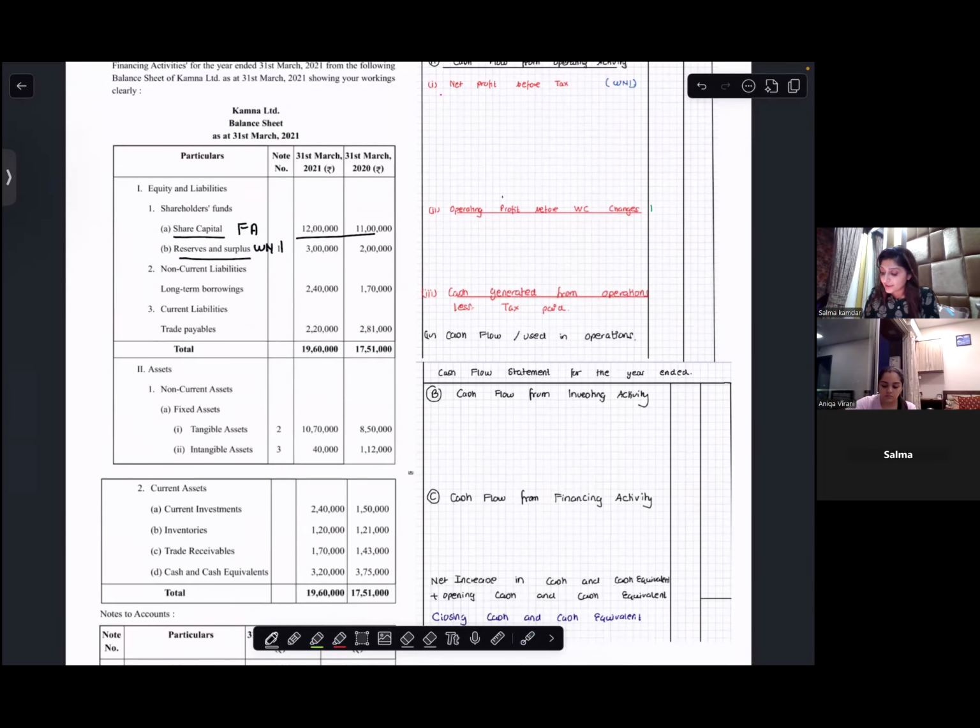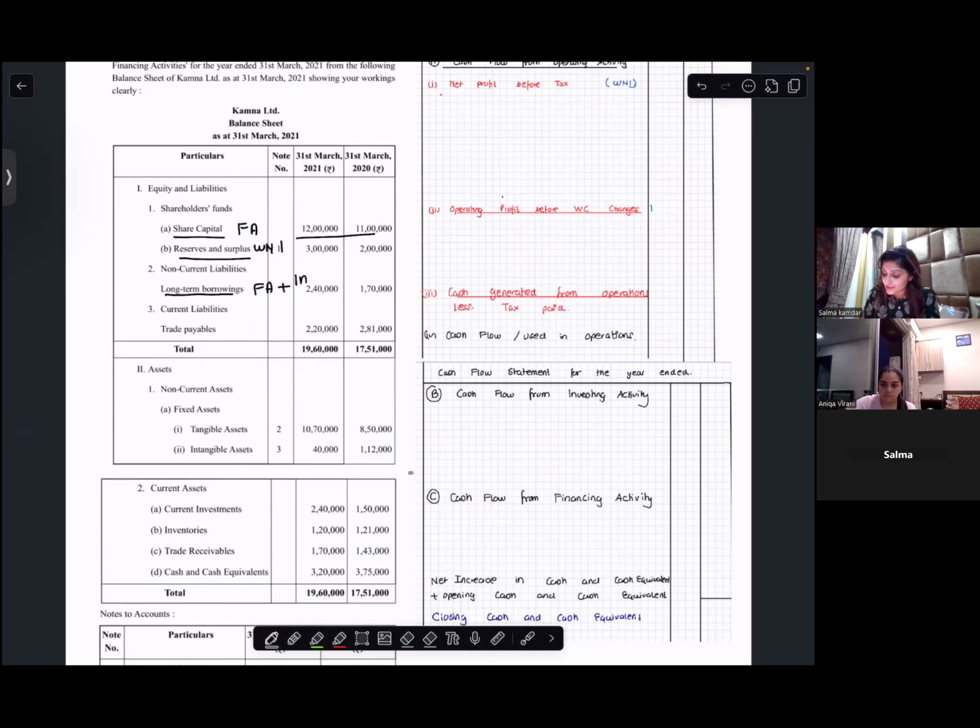Then you go to your non-current liabilities. This will be related to which activity? The non-current liabilities are loans. When I'm talking about loans, that means I'm taking money to use in my business. So non-current liabilities will always be related to financing activity, because you're financing your business through non-current liability.